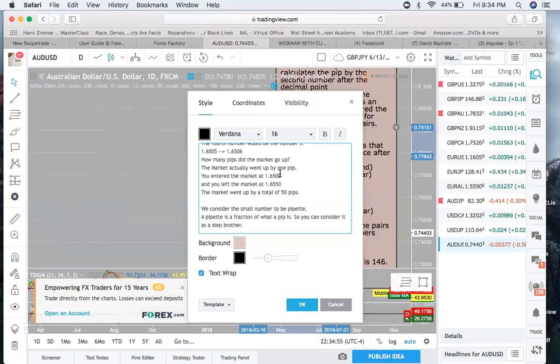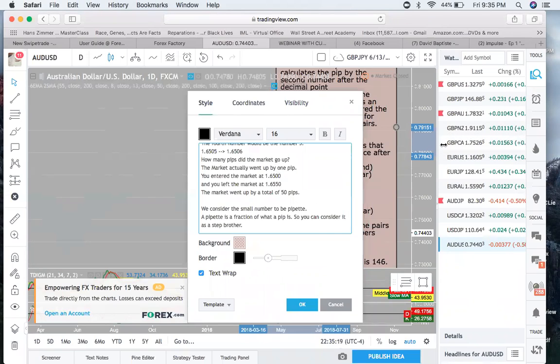Right? So we want to always calculate the fourth number after the decimal point, which would be the first number when it comes to calculating how many pips the market went up or the market went down, right? There's always going to be a little number, which is also known as the pipette. A pipette is just a fraction of what a pip is.